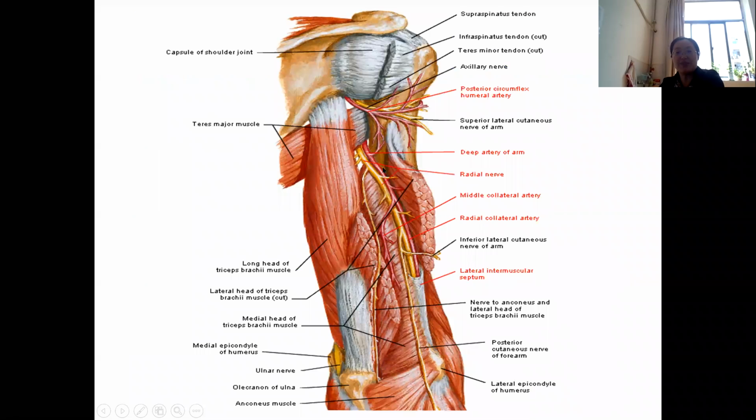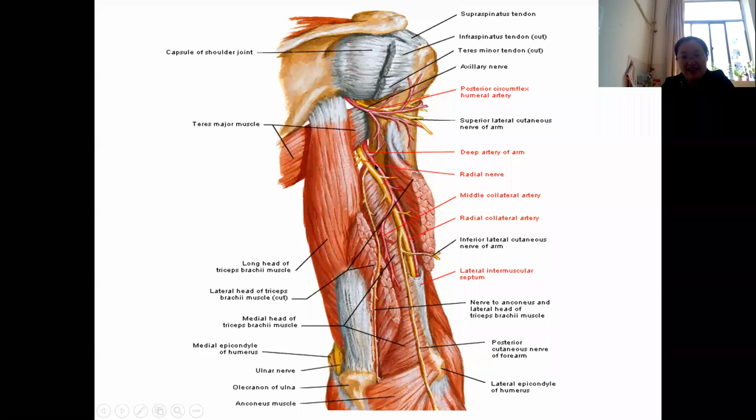Here, I show you this most important part. You can see in the posterior surface of the humerus, there is one groove. This groove is for the radial nerve, and it is covered by the medial and lateral heads of the triceps brachii, and so forms one tunnel.